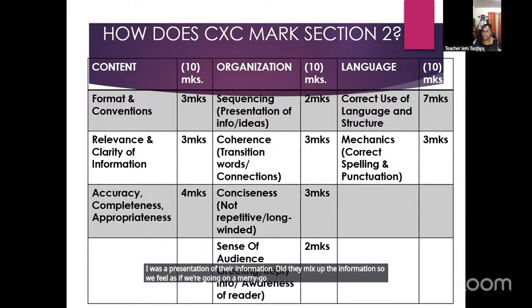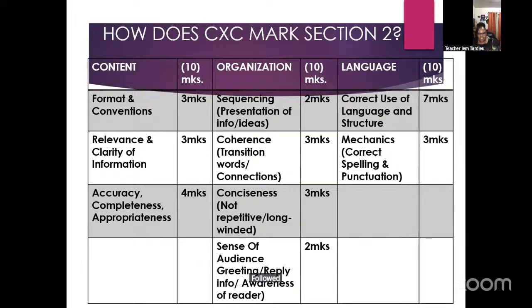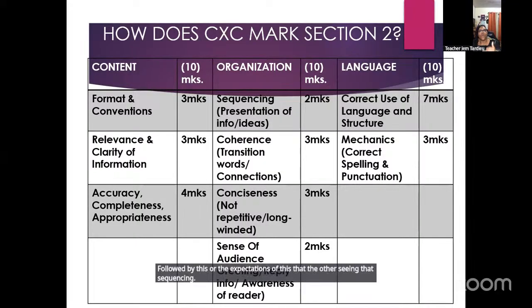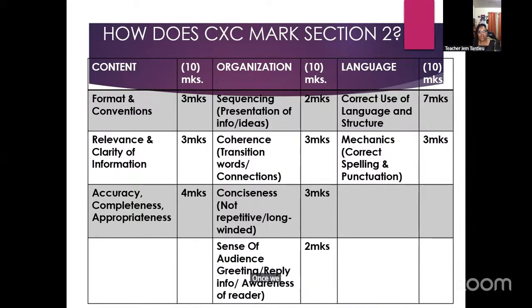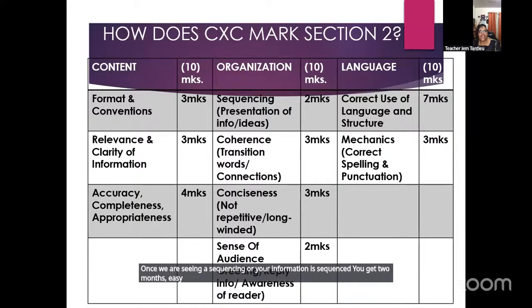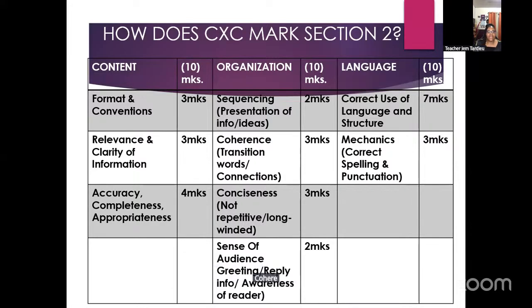Or is it something that we're reading, this is what happened, and then this happened, followed by this, or the expectations of this, that, the other? Once we are seeing sequencing, as your information is sequenced, you get 2 marks. Easy, 2 marks.